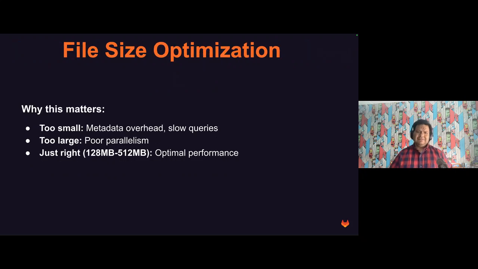Putting the file size within this open table format between 128 MB and 512 MB helps a lot. I picked that from their website, but I would say having it between 256 MB and 512 MB is a much sweeter spot. That's what I am doing. So that's a suggestion which you can take.